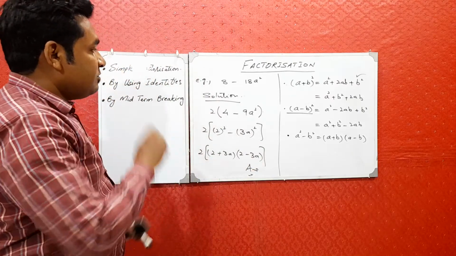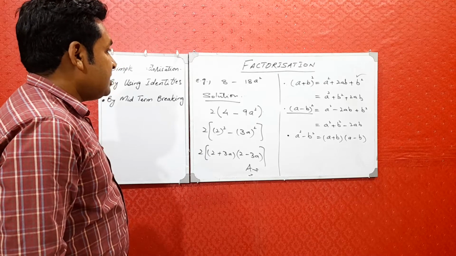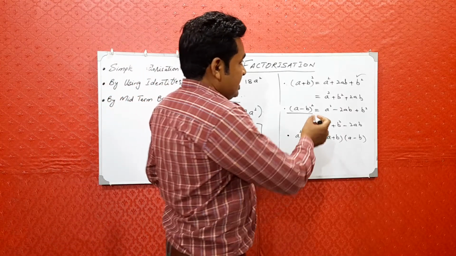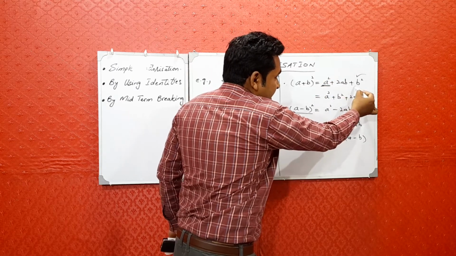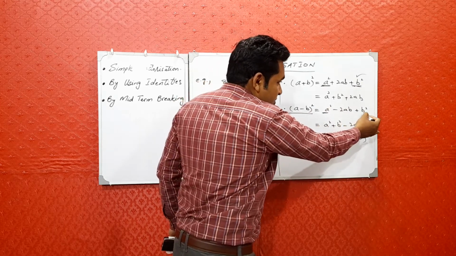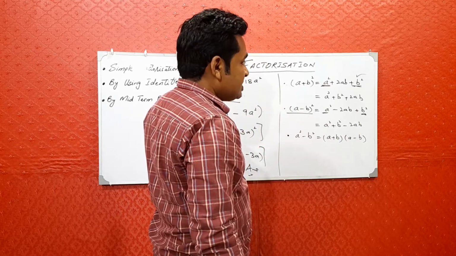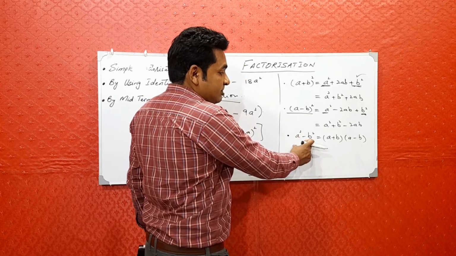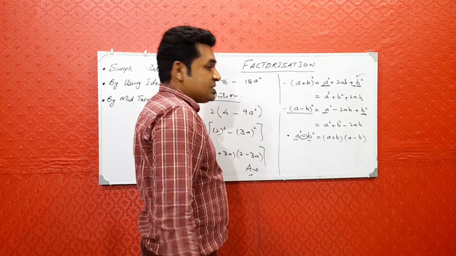This is the way we use identities to factorize expressions. Be very careful: the first two identities we can only use if the first term and the last term are perfect squares. And the third identity is used when there are two terms given, both of them perfect squares, and the sign between them is always negative.